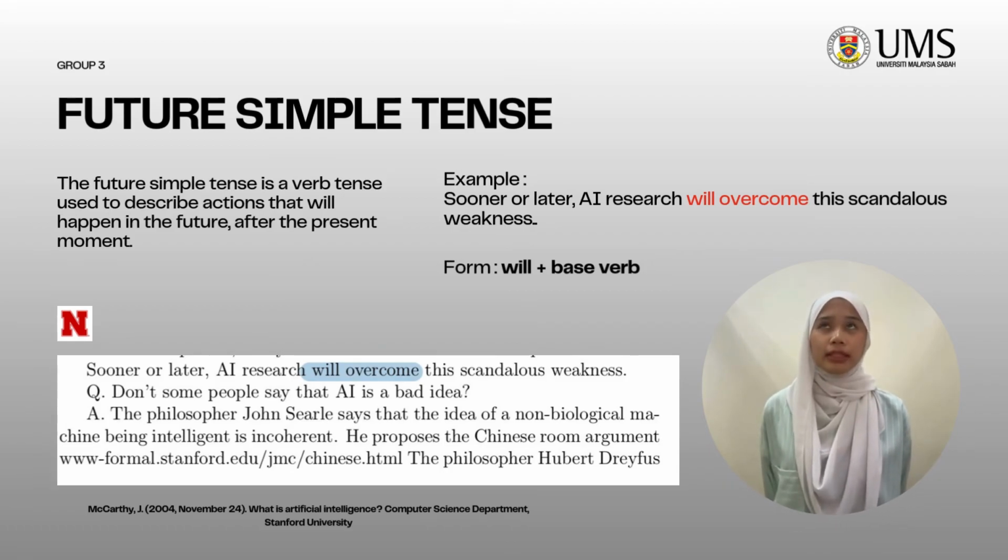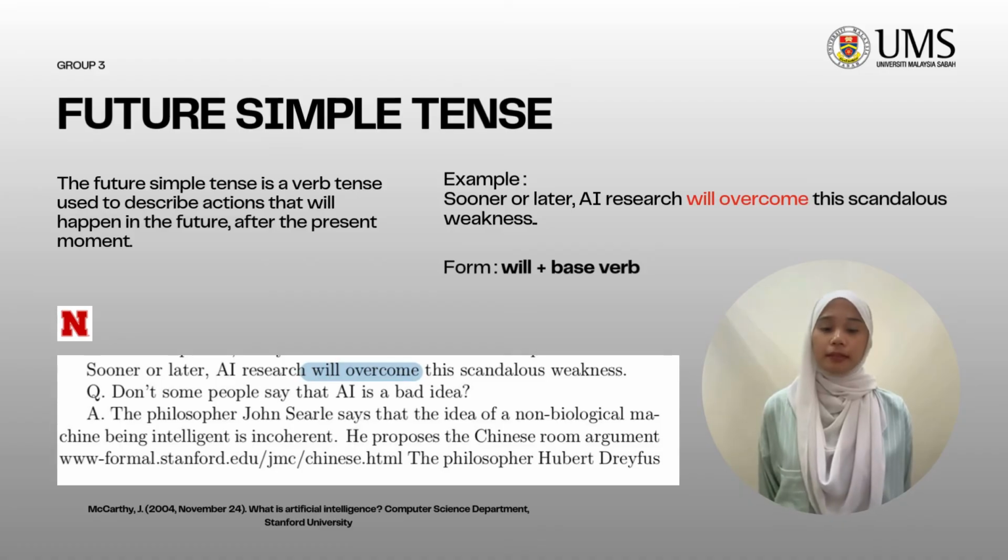For example, in this sentence, sooner or later, AI research will overcome this scandalous weakness. Here, the phrase will overcome is in the future simple tense because it describes an action that is expected to happen later but not now.